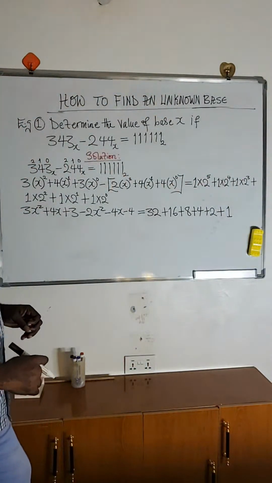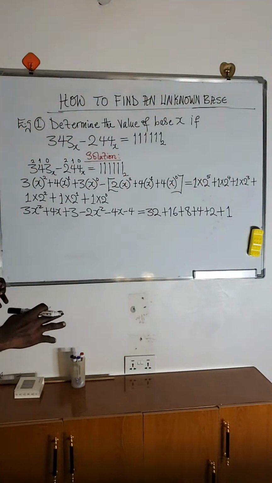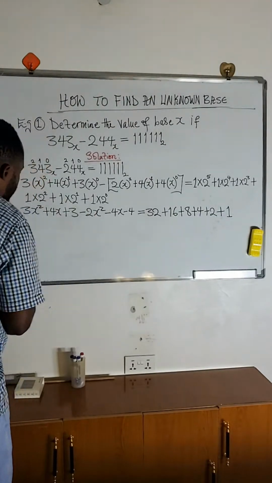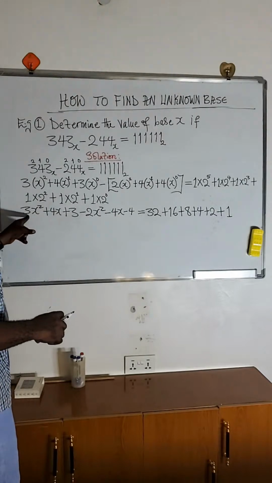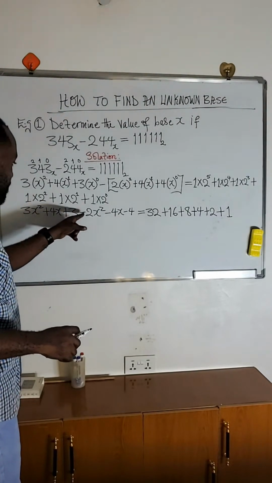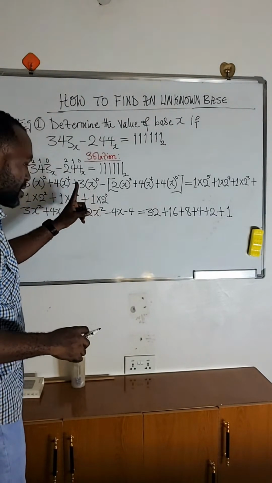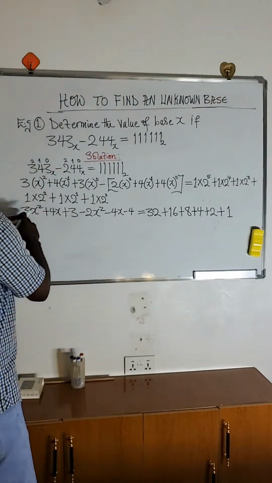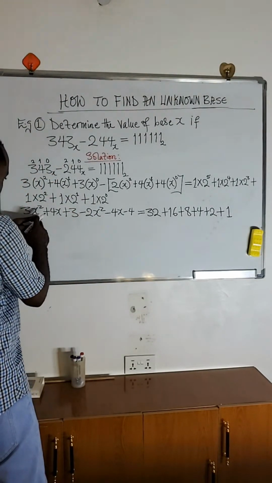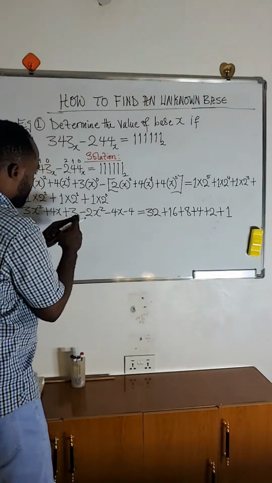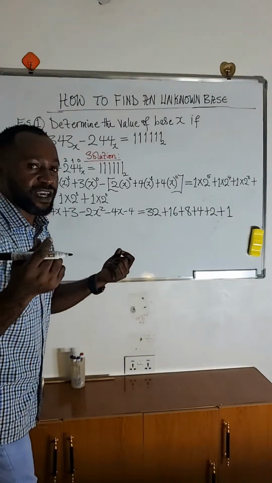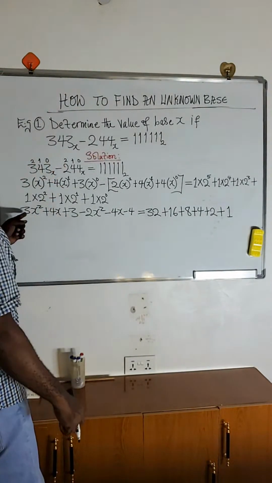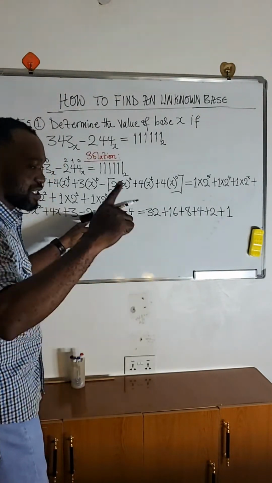Okay. So now let's collect like terms here. 3x squared minus 2x squared: since this is x squared and this is x squared, it's just to simplify their coefficients, which is 3 minus 2 is 1.